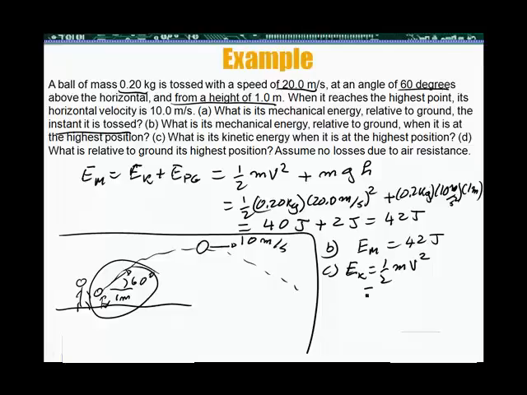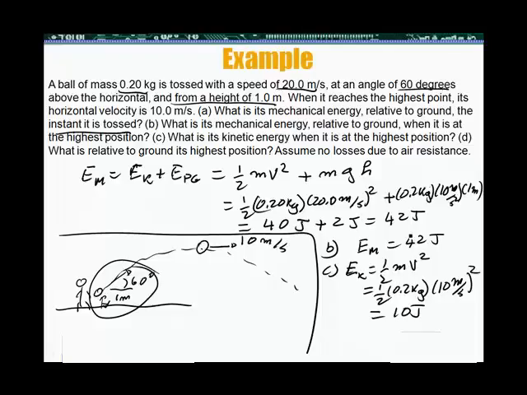So in this case, that's going to be 1/2 of 0.2 kilograms times 10 meters per second, the speed at that point, squared. So 10 squared is 100, 100 times 0.2 divided by 2, that gives us 10 joules. So the kinetic energy that it has when it is at the topmost position is 10 joules. And its mechanical energy is 42 joules.